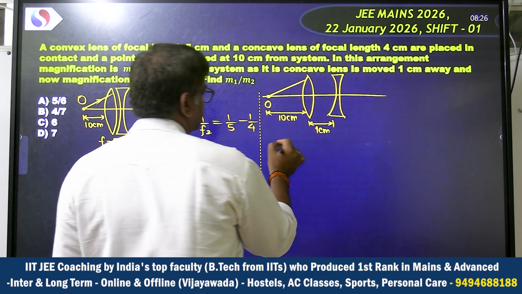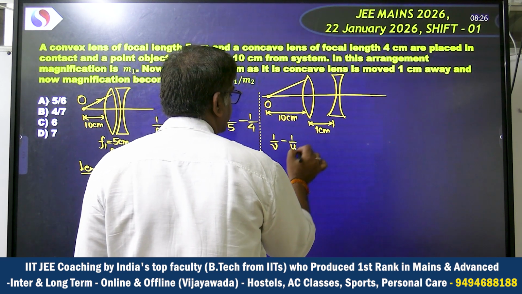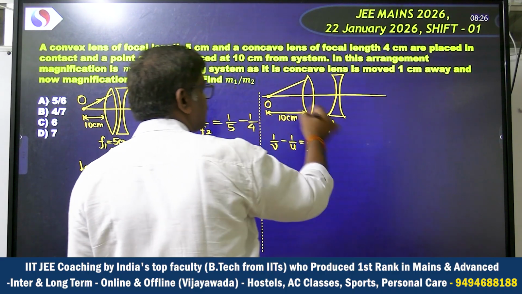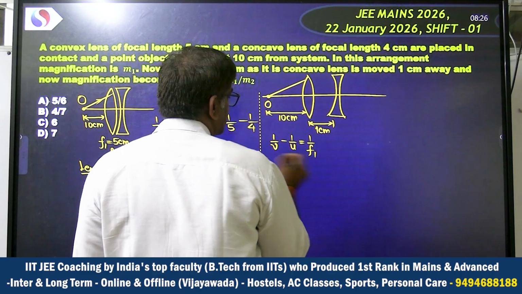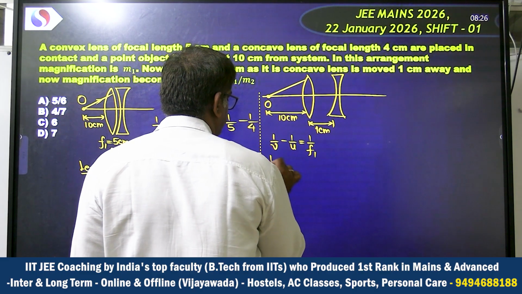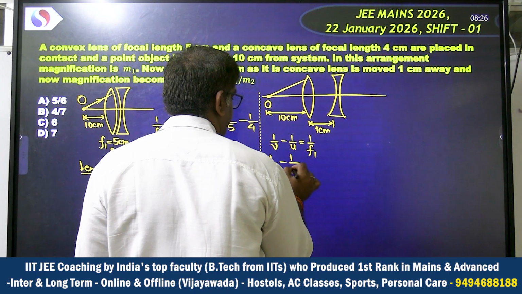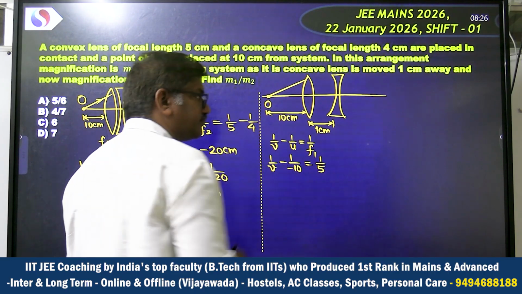Okay, so the object is still placed at 10 centimeter. That means 1 by V minus 1 by U is equal to 1 by F. Now I am talking about only the refraction which is taking place by the convex lens. So it is going to give you 1 by V minus 1 by minus 10 is equal to 1 by 5, right?